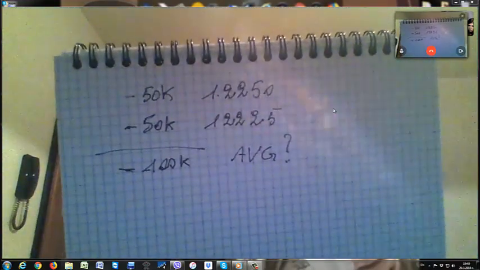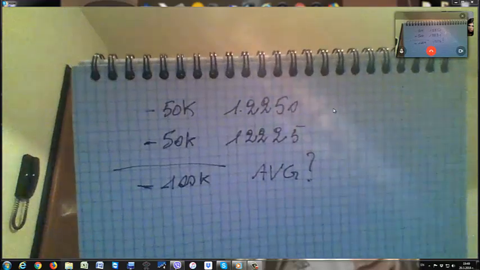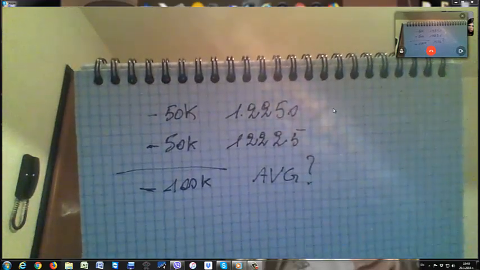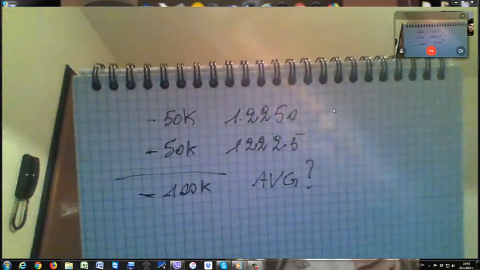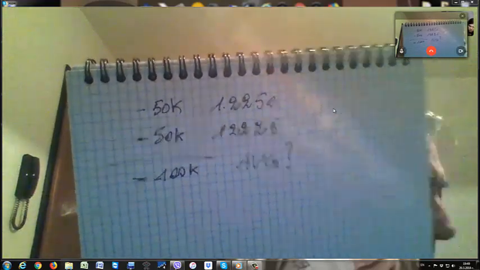Good job. We sold 50 at 1.22 and 50. We sold 50 at 1.22 and 25. What is the average for 100?